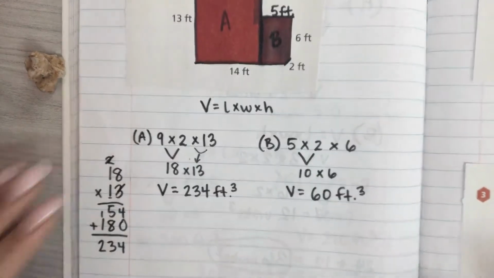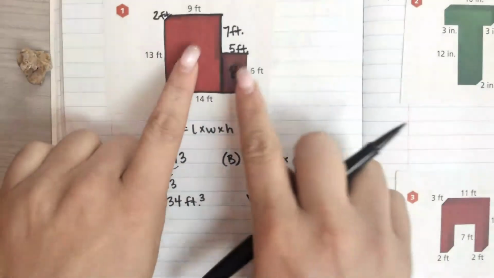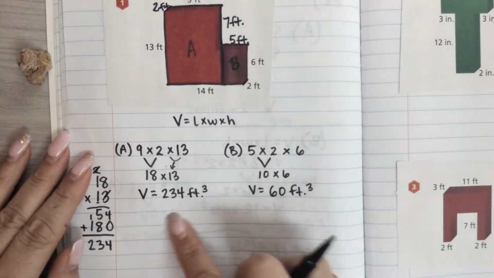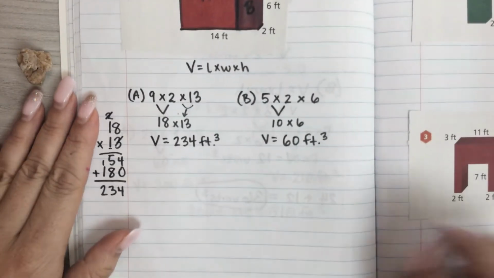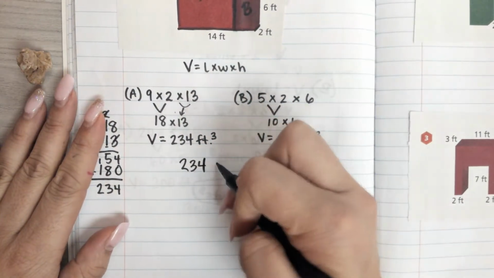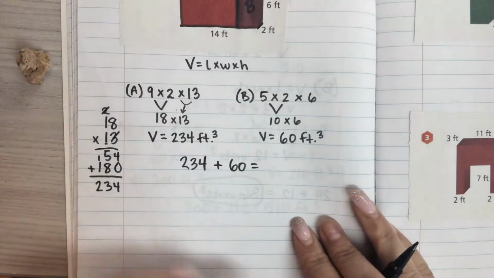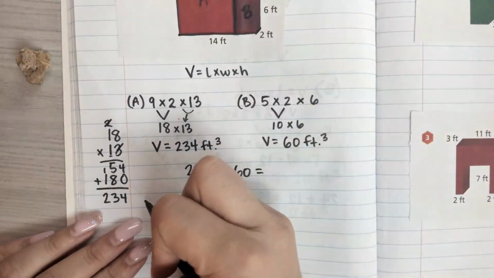Just like yesterday, once we got both of our volumes for our shapes, we wanted to add those two volumes together. So we've got 234 plus 60 equals what? You might have to stack this on the side as well.